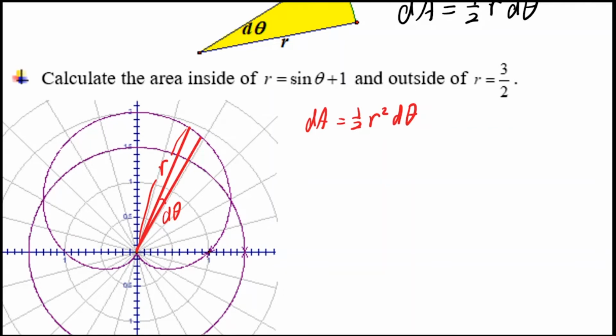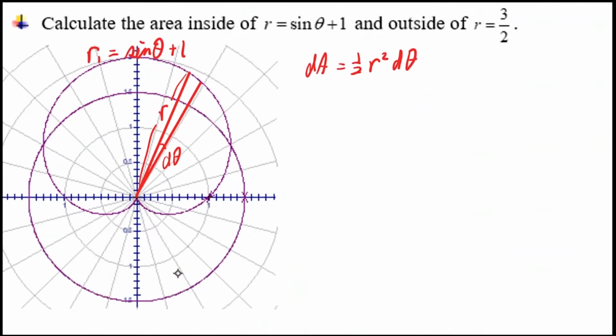However, I have two of them. So which one are we talking about? Okay, I'm going to say this one is R1, which is equal to sine theta plus 1. Good. And the other one is R2 here. I'm going to say R2 is equal to 3/2, a constant function. That's ugly. So far with me?